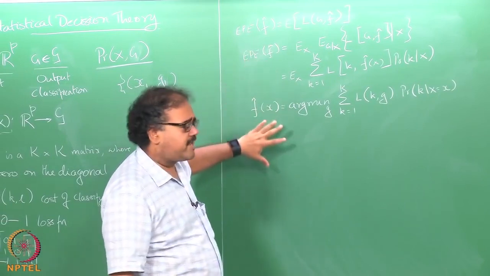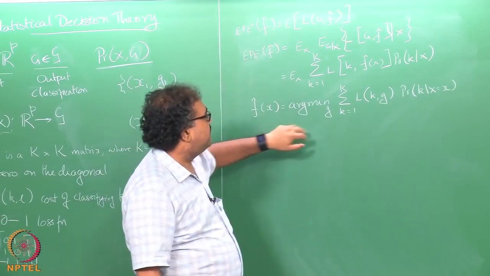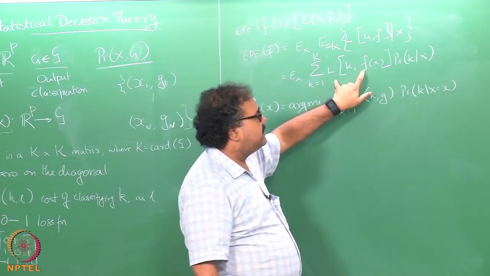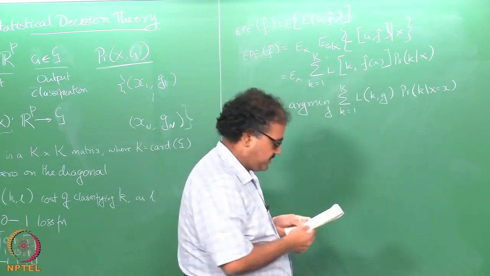We are essentially following the same treatment that we did with the regression case, except that we are using a discrete output space instead of a continuous output space.